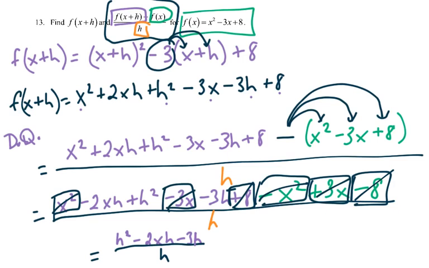Now in the numerator, I can factor out an h. Let me keep that orange here. In the numerator, I can factor out an h. So I end up with h times h minus 2x minus 3 all over h.